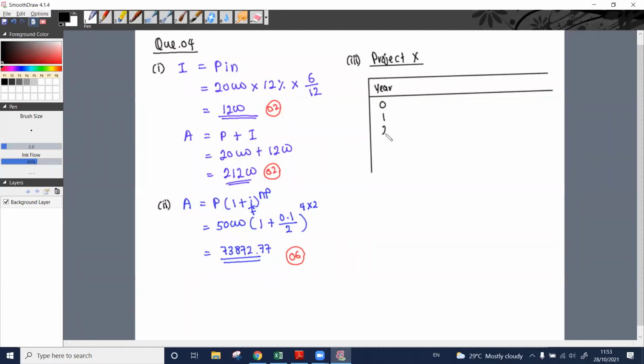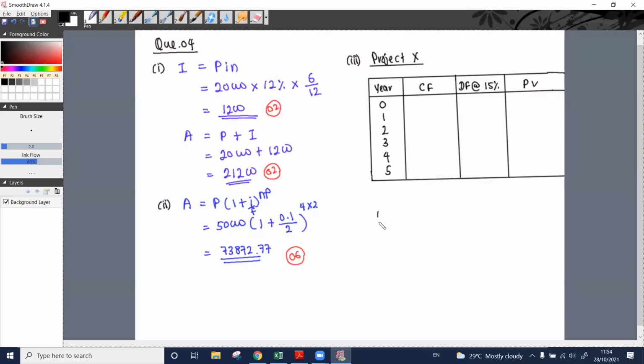Zero, 1, 2, 3, 4, and 5. Cash flow, discount factor at 15% and then the present value.